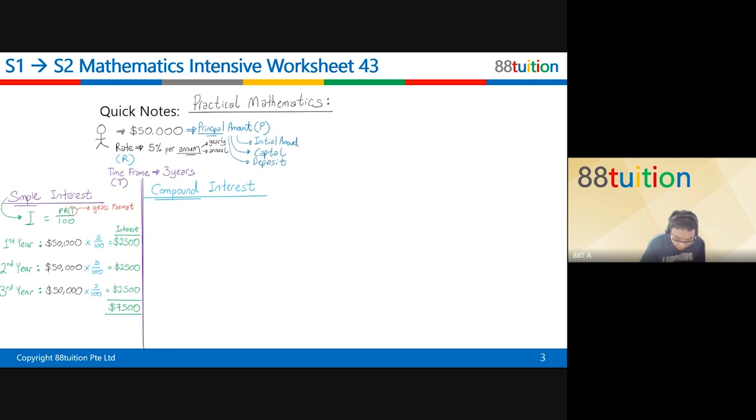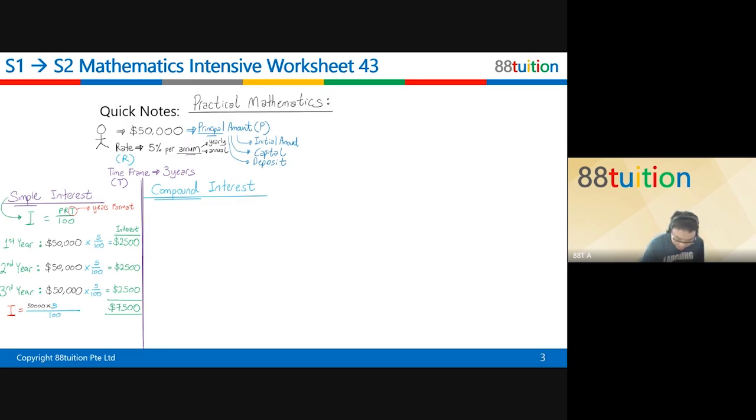But in school, usually we just say, just put in the formula. So the formula says that I is equal to P, where P is the principal amount, which is 50,000, times R. What is the rate? The rate is 5%, 5 over 100. I told you this.